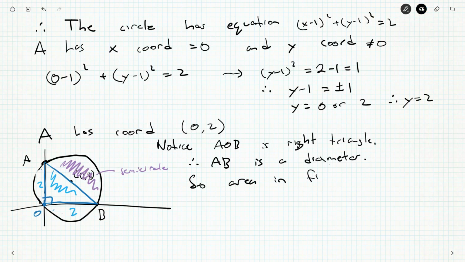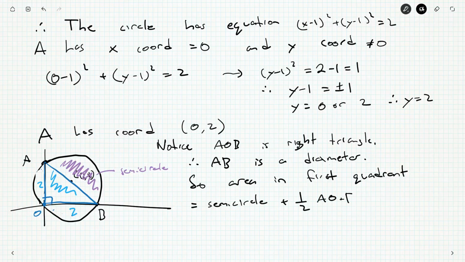So the area in the first quadrant, and if you don't want to explain this in detail, have a picture with some colors here, or at least some arrows pointing out the different areas, equals area of a semicircle plus 1/2 base times height. And I would write it like this and then now fill it in.